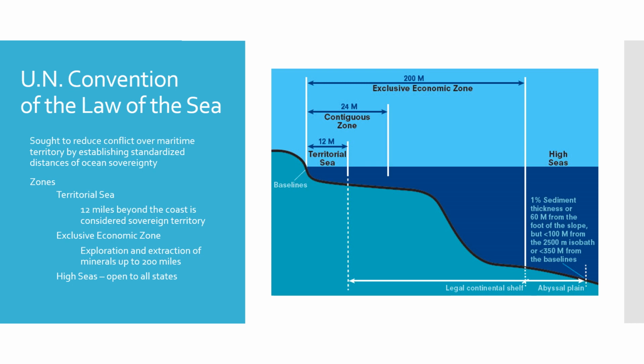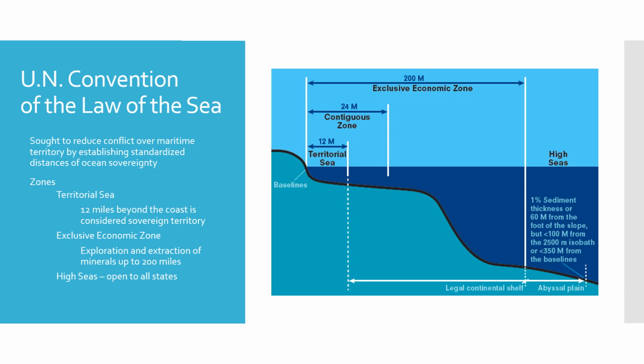Traditionally, America has taken the lead on that. As the 21st century goes on, we may see that change a little bit. You never know. But certainly UNCLOS was designed to limit disagreements over not only who controls the ocean, but also who can go get resources from the ocean.